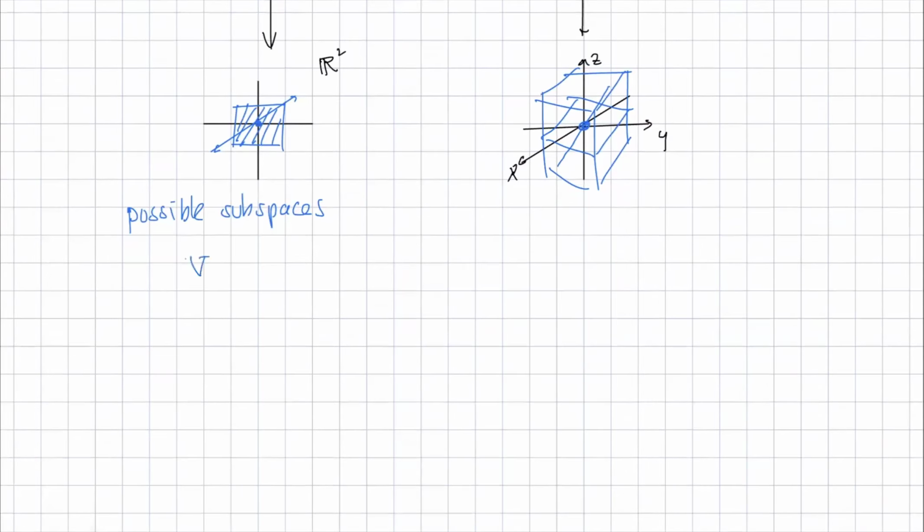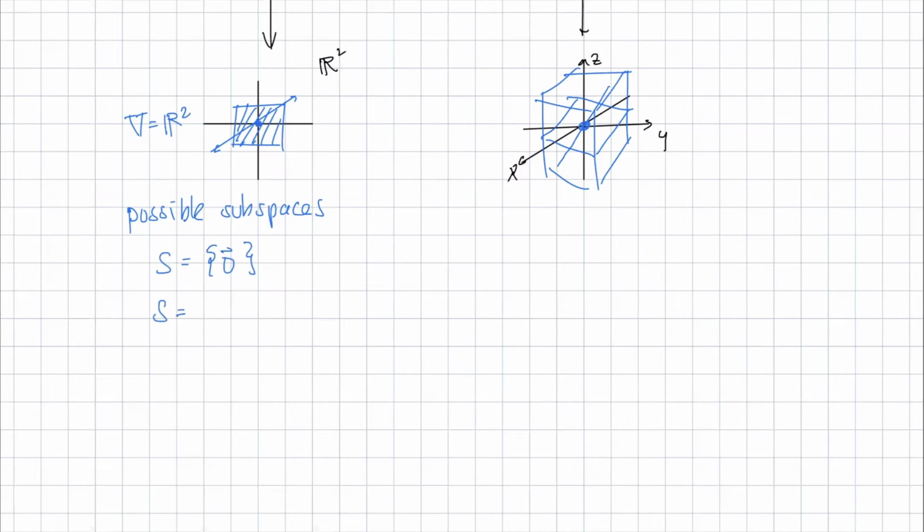Here, let's call it S, not V. Here, the vector space we're working in is R2, and the possible subspaces S are the set that just contains the origin, or the 0 vector.